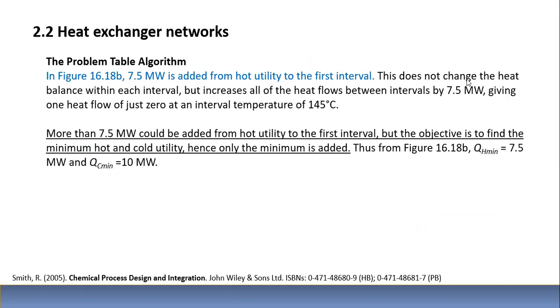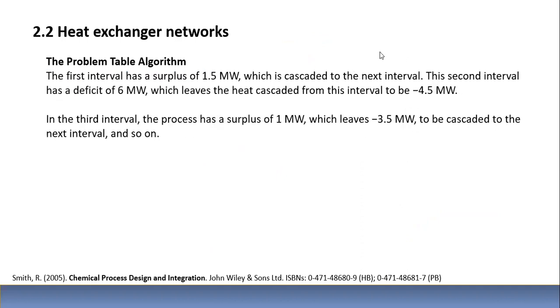In figure 16.18B, 7.5 megawatts is added from the hot utility to the first interval. This does not change the heat balance within each interval, but increases all of the heat flows between intervals by 7.5, giving one heat flow of 0 at an interval temperature of 145.